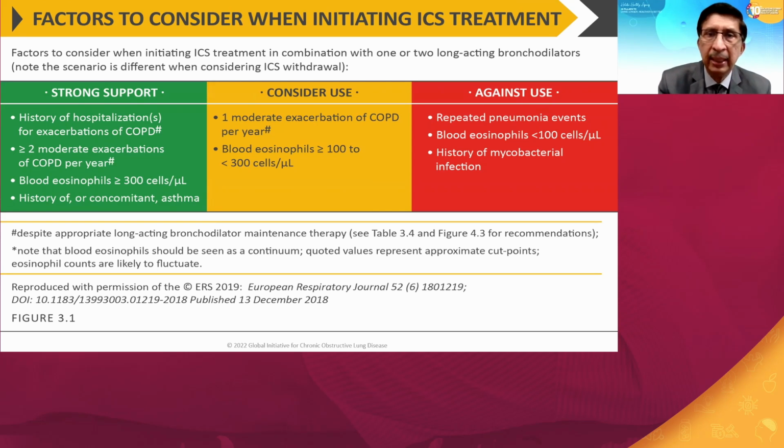But definitely, we cannot use it for patients who have recurrent bacterial pneumonia. It's not advised with eosinophil counts of less than 100, or in those who have mycobacterial or non-tuberculous mycobacterial infection, especially people who have COPD and bronchiectasis. That combination of using ICS along with LABA-LAMA is not recommended.